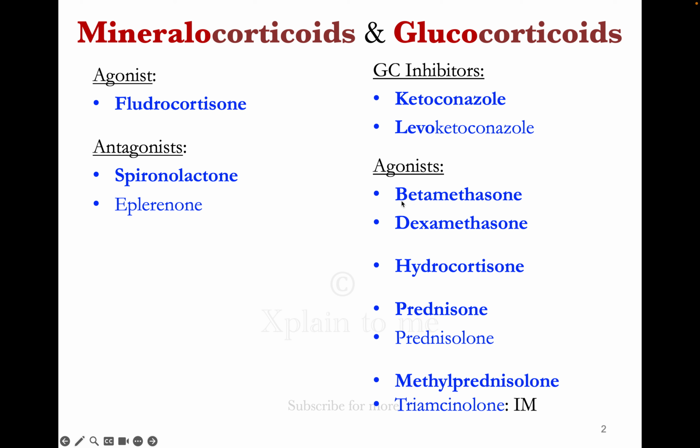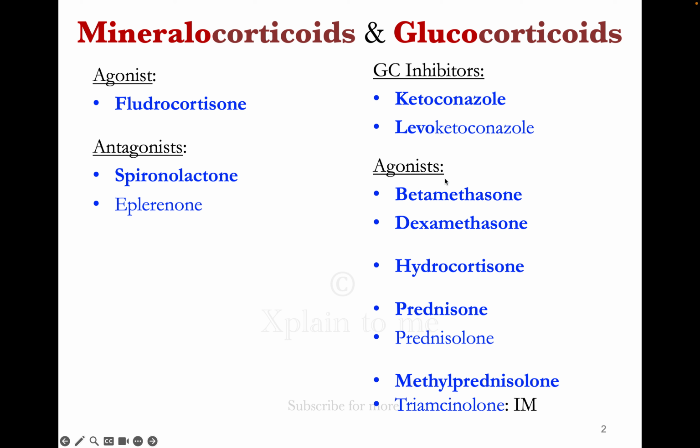Remember, in mineralocorticoids we learned one fluorinated drug, fludrocortisone, an agonist of the mineralocorticoid receptor. These two synthetic glucocorticoids are fluorinated, and they have minimal mineralocorticoid activity.